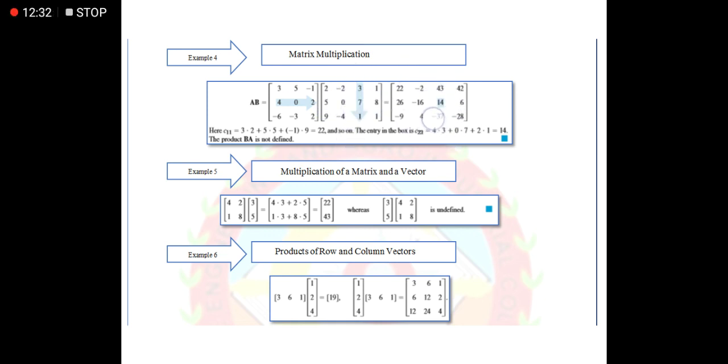That's why 14. That means if you multiply 4 by 3, 0 by 7, 2 by 1, then add the results, the answer is 14. That 14 you locate where these two arrows intersect. Okay? So, here in row 2, this is column 3. That's why you should locate it here.